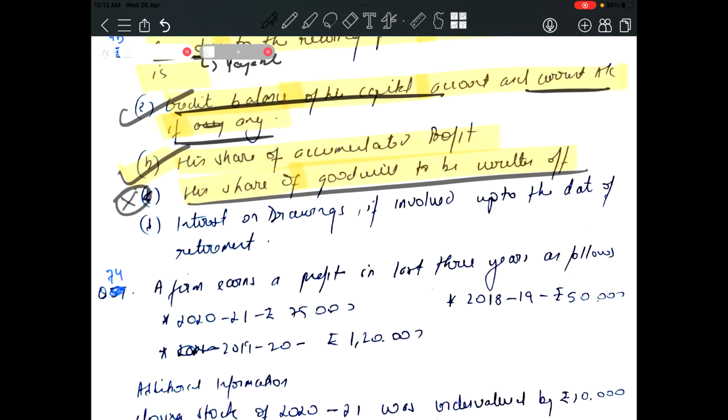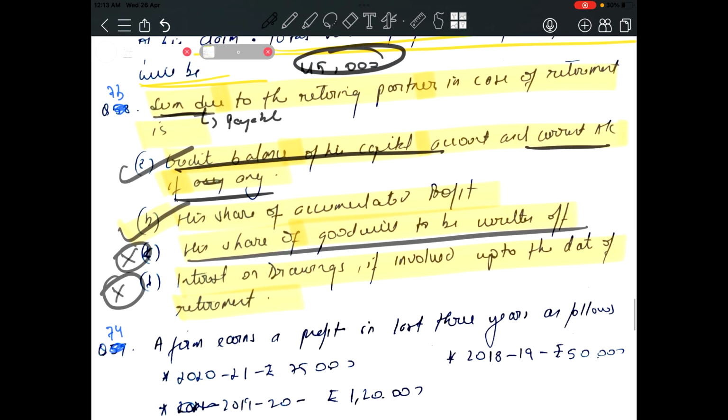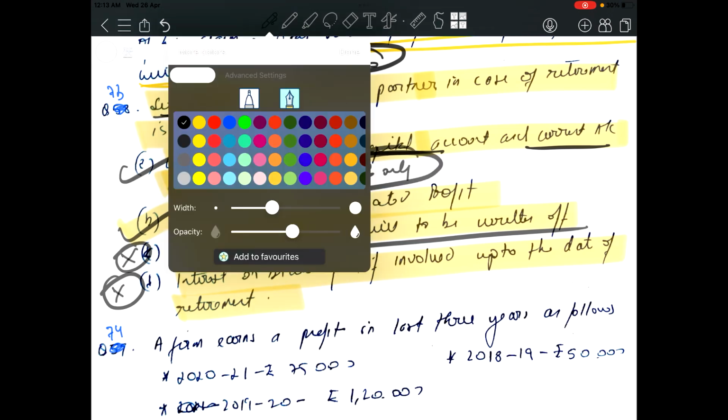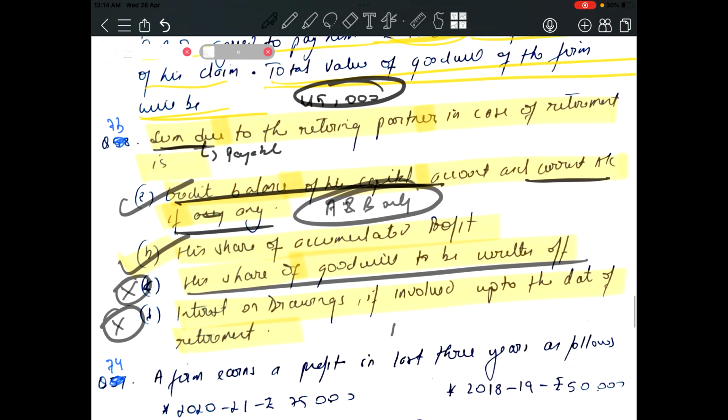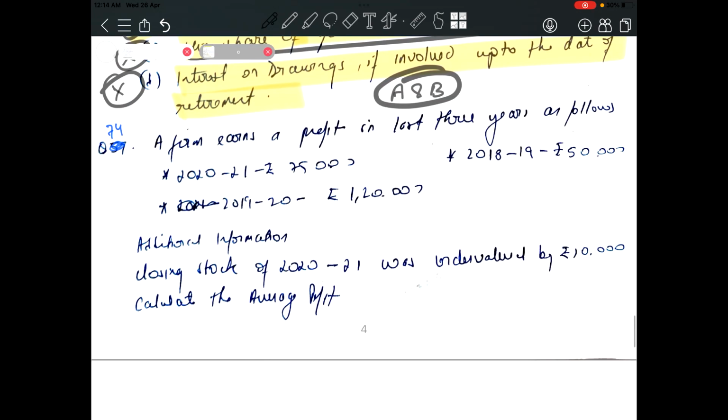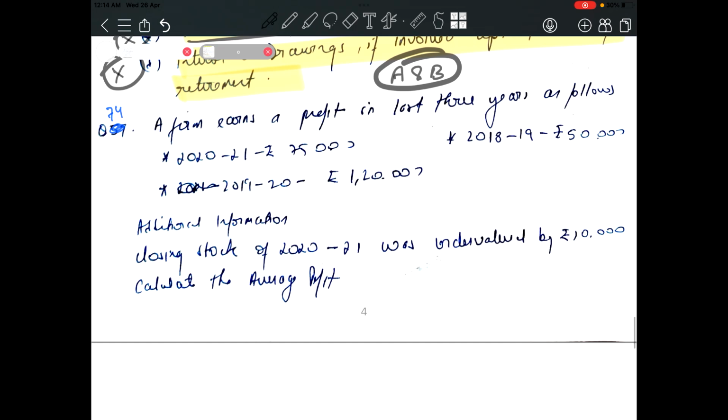Interest on drawings, if involved up to the date of retirement, will also reduce the amount payable to a partner. So what will be the right answer? A and B only. I hope this is clear. That was question number 73.